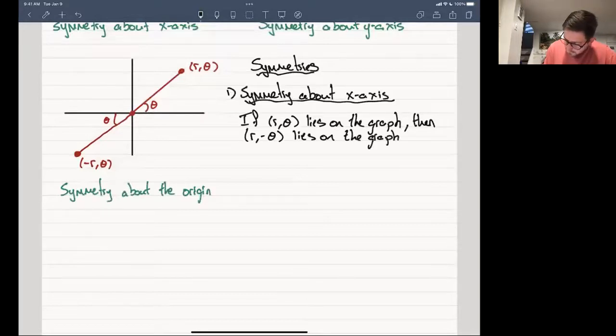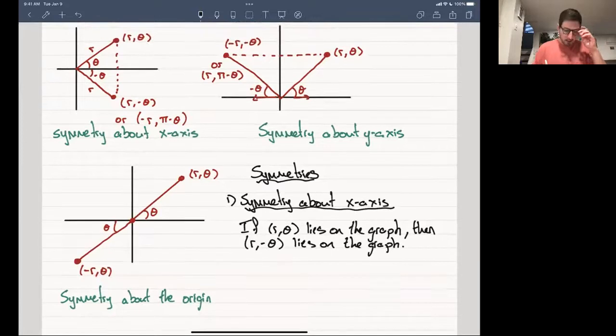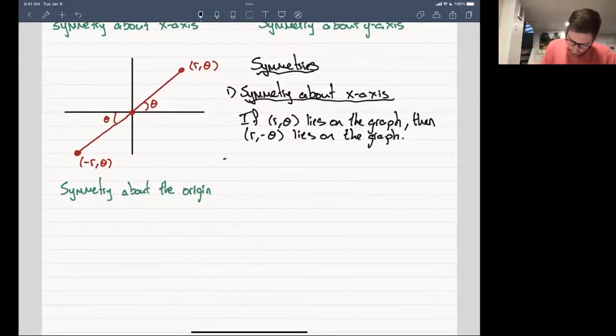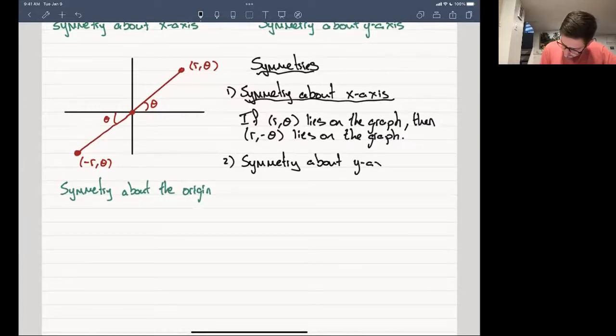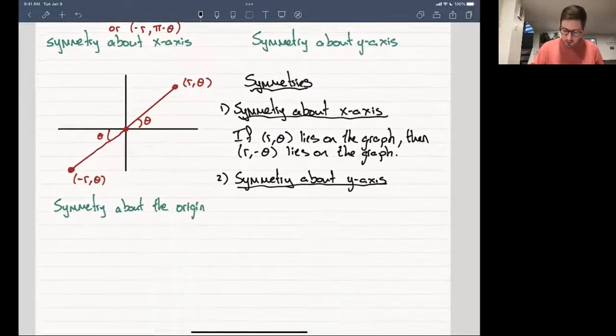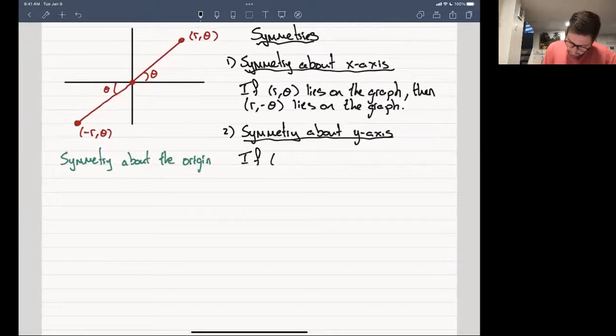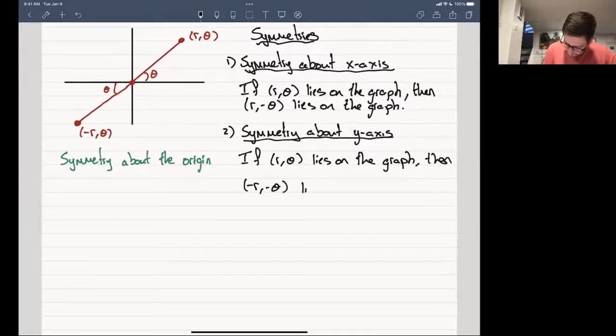And so this is exactly coming from that picture that I have above, right? It's just saying that you can flip yourself over the x-axis. If you have r theta, you also have to have r minus theta. Okay, well, symmetry about the y-axis. Well, this is just having to do with this second picture here. We say if r theta lies on the graph, then minus r minus theta lies on the graph too.